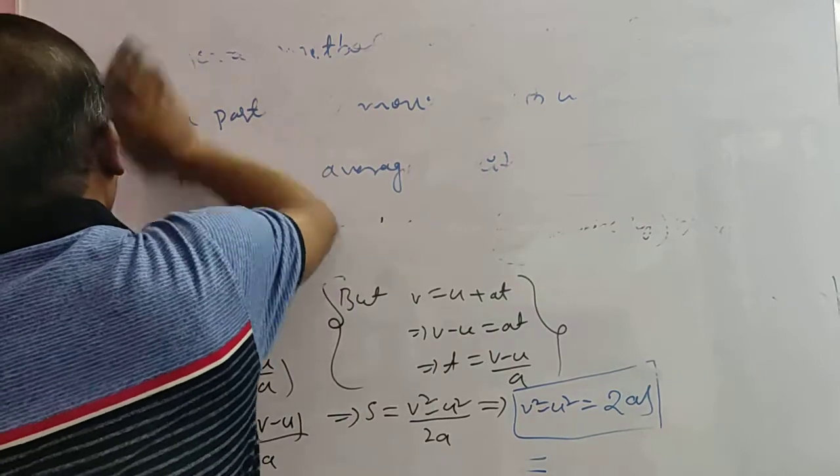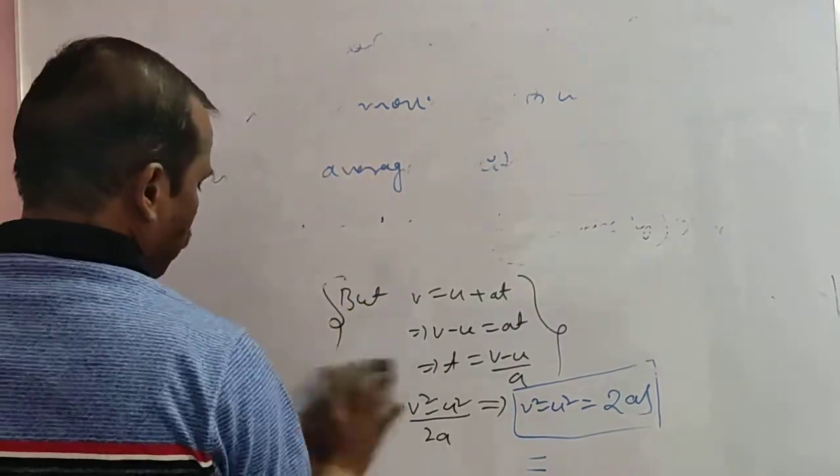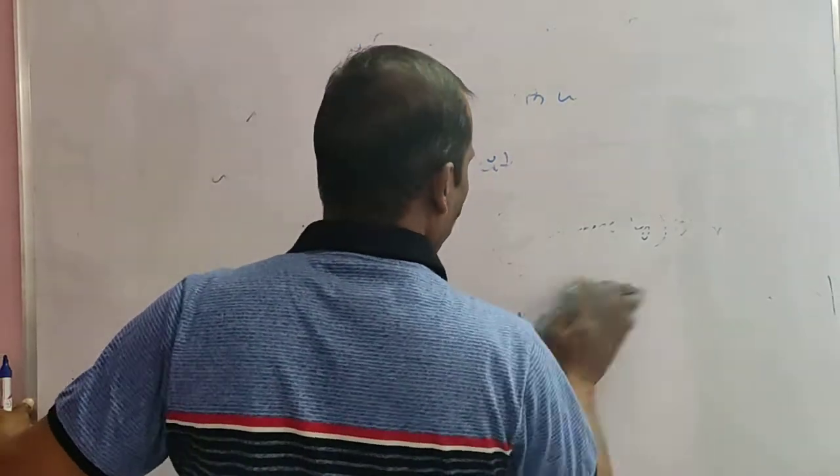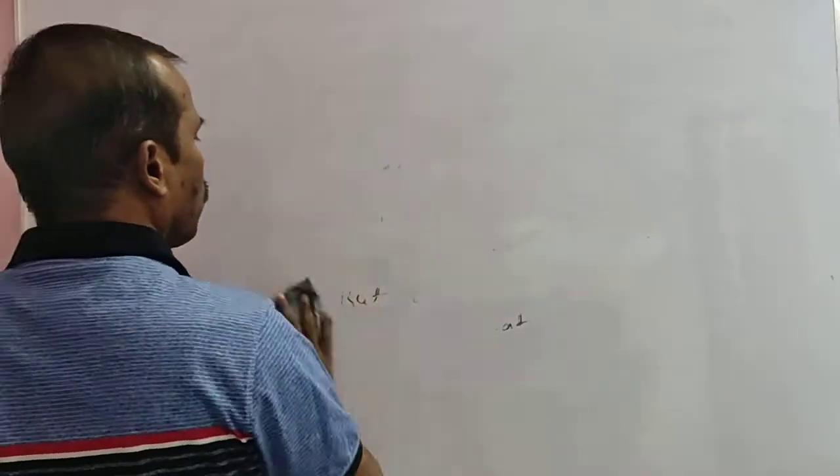Next, Sn is equal to u plus a into (n minus 1) by 2. How do we get this formula?